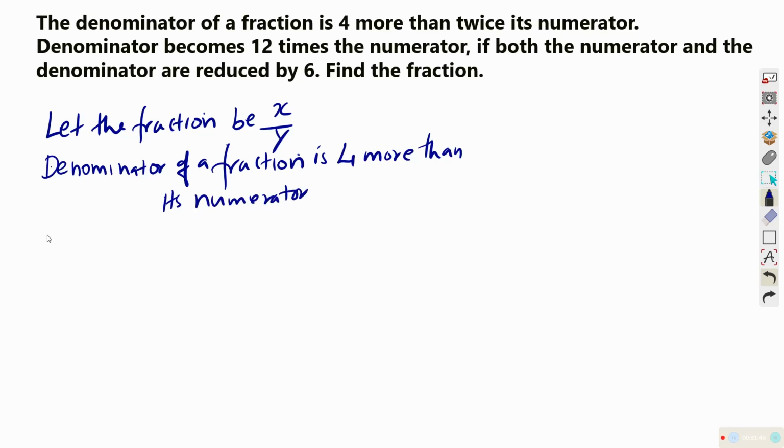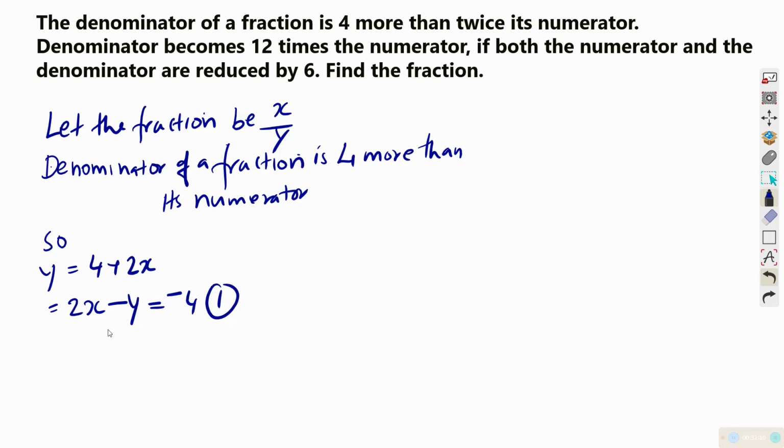Four more than twice, so 4 plus 2x. Correct? This is the denominator and the numerator will be x. So we can write 2x minus y is equal to minus 4. Let us consider it as an equation for us for future use.